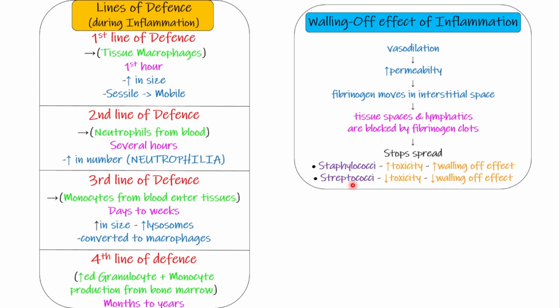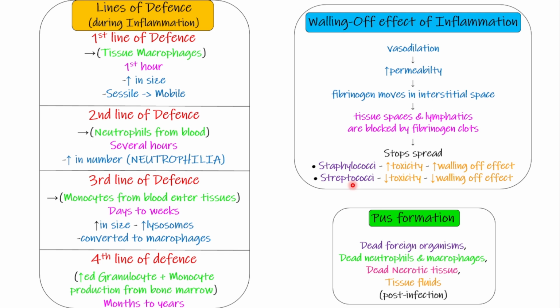Now let's discuss pus. What basically is pus formation? We have discussed that there is a fight involving a lot of foreign invaders and a lot of our army in the form of different WBCs, the macrophages, neutrophils, and the monocytes. So this is a war going on. And whenever there is a war going on at any place, what happens there?